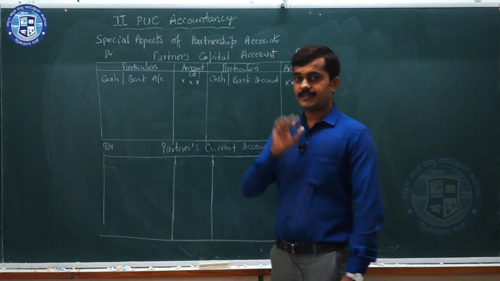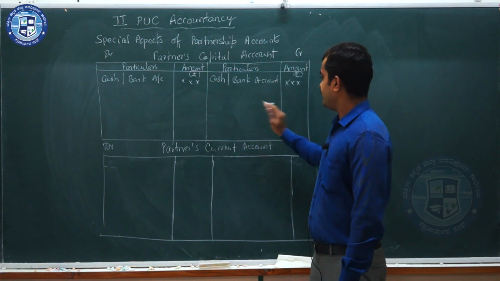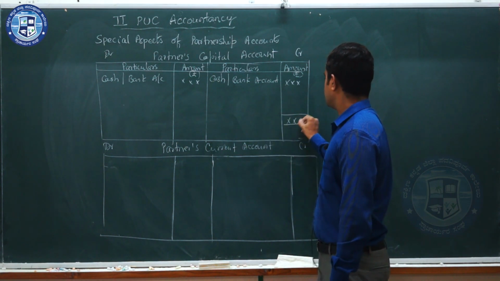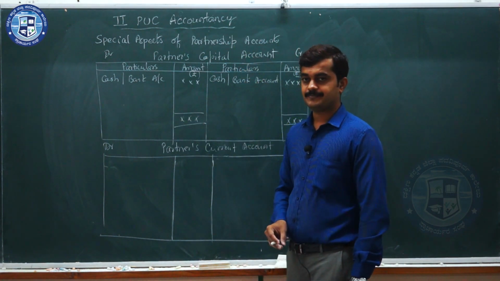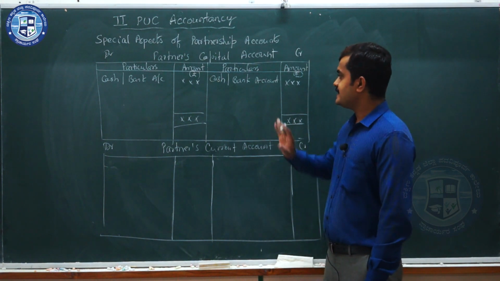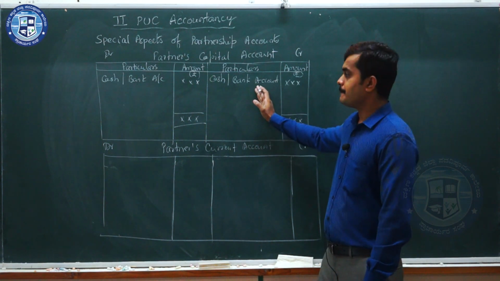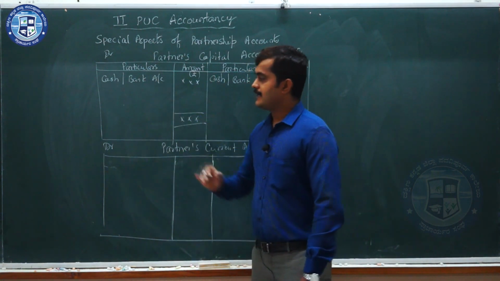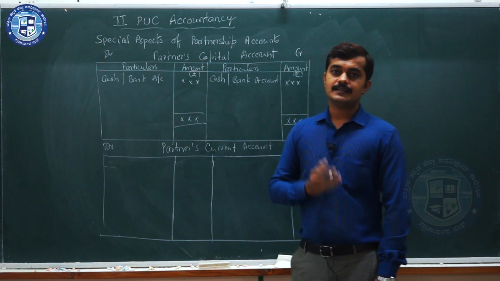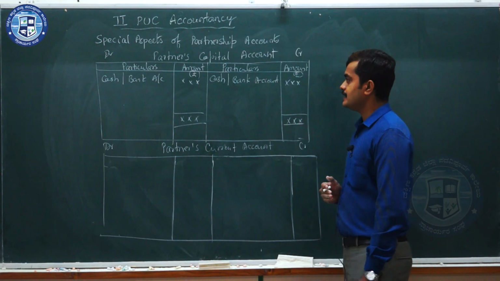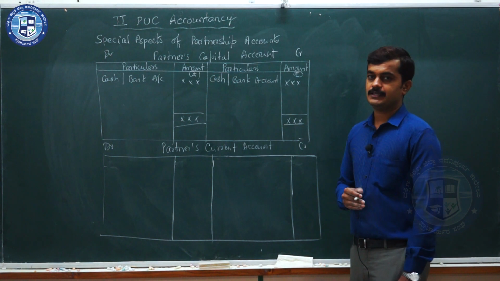Only the first 2 transactions will be recorded in partners capital accounts, and then we total and find out the balances. So unless there is additional capital contribution by the partner or surplus capital withdrawn by the partner, the balance in the capital account of any partner will remain the same from year after year.